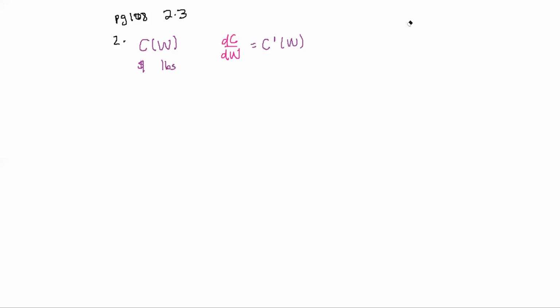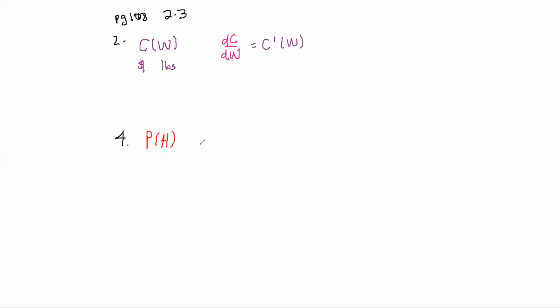What about number 4? Here we have pay in dollars as a function of hours worked in time. So we have pay as a function of hours. The more hours you work, theoretically, the higher your pay is going to be.